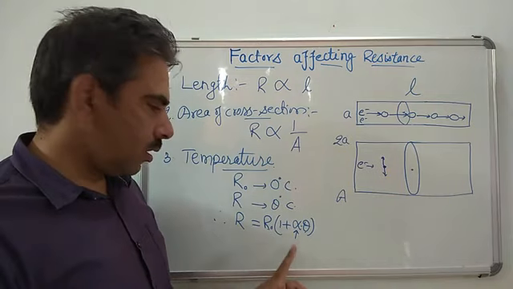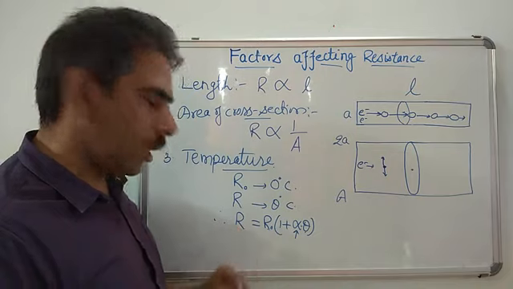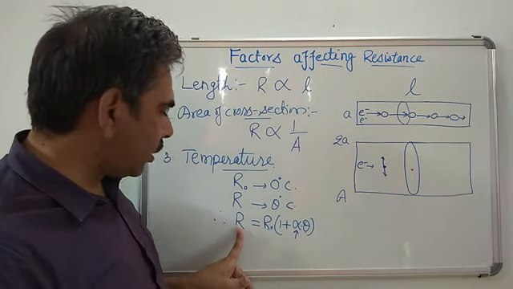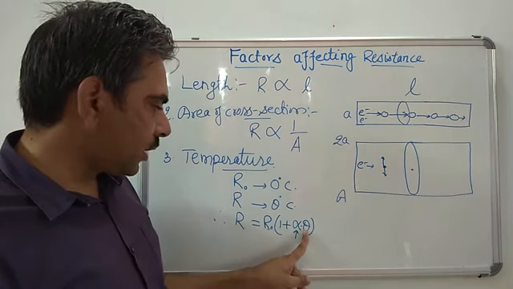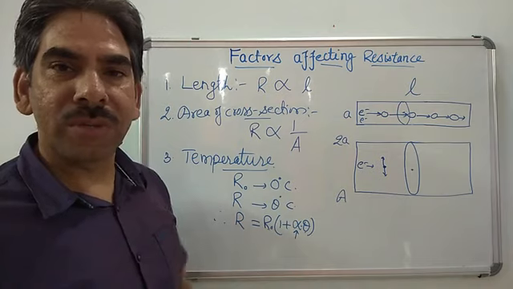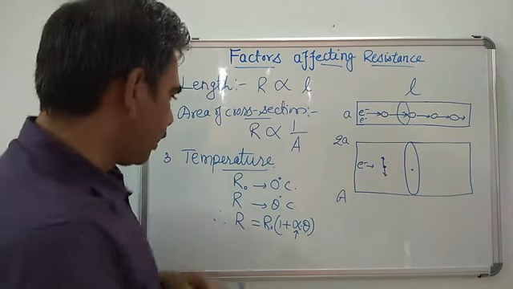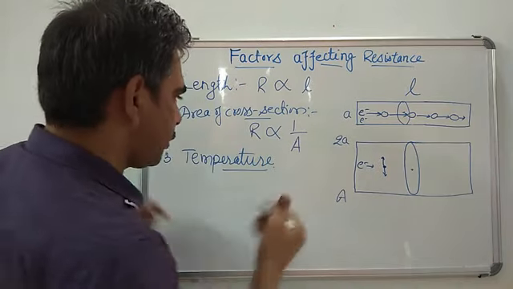According to this relationship we can calculate the value of R. So from here we understand that the new resistance will increase with the change in temperature. The more the change in temperature, the more will be the resistance, because electrons will face more collisions. So this is how temperature affects the resistance of any conductor.